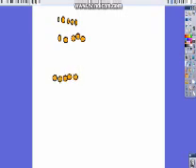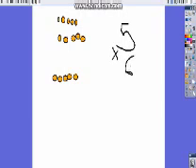So I'm mapping out the multiplication 5 times 6. The one on top is how many are in the group, and the one on the bottom is how many groups there are. So we need 6 groups.